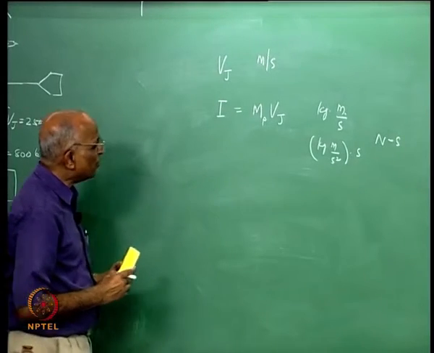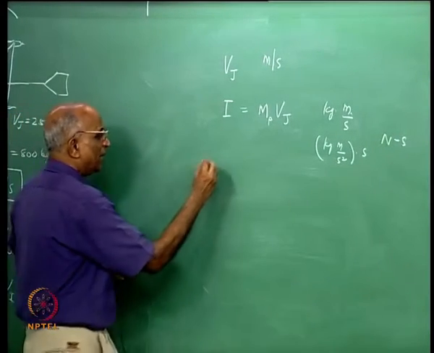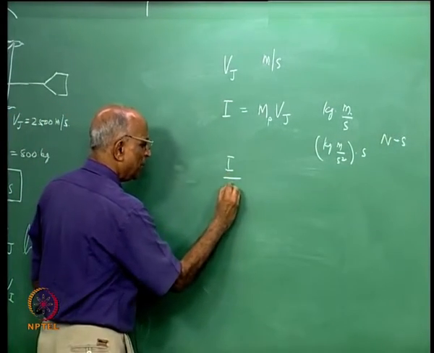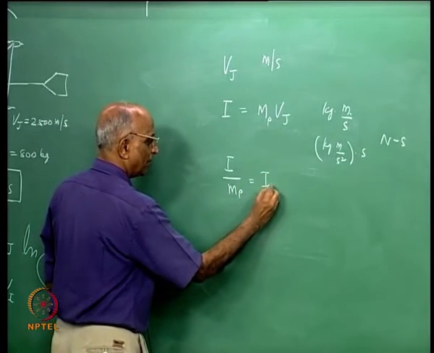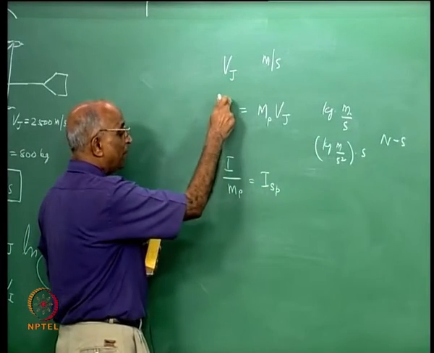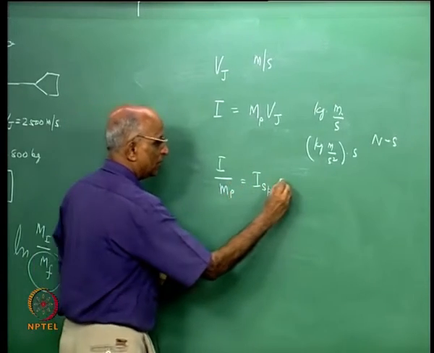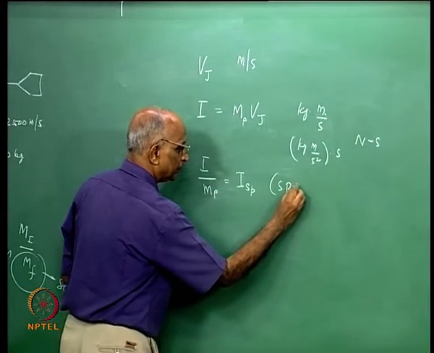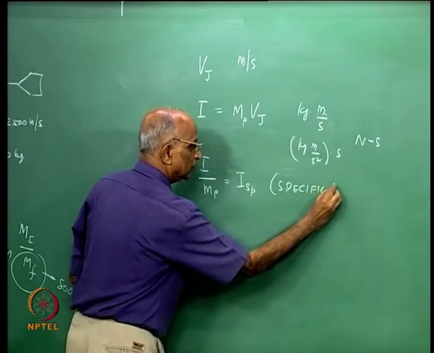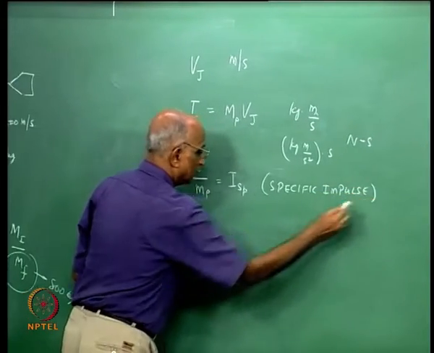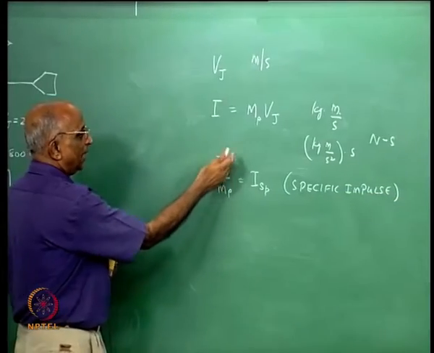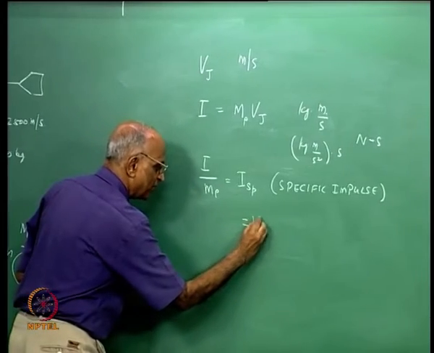Now, I ask myself a question: can I say impulse per unit mass of propellant, which now I call specific impulse? Instead of calling it impulse, I call it specific impulse, that is impulse per unit mass, and that gives me the value as Vj.